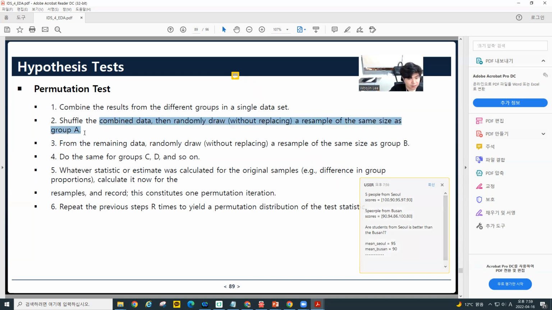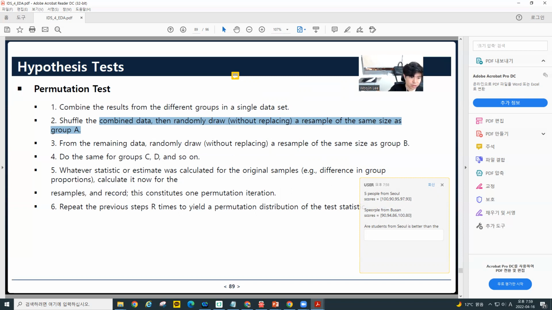And then we have 10 samples, 5 from Busan and 5 from Seoul. Then we randomly sample 5 and 5, 5 for A, 5 for B, and check how different the averages are between the two. And then we do this maybe 1,000 or many times iteratively.